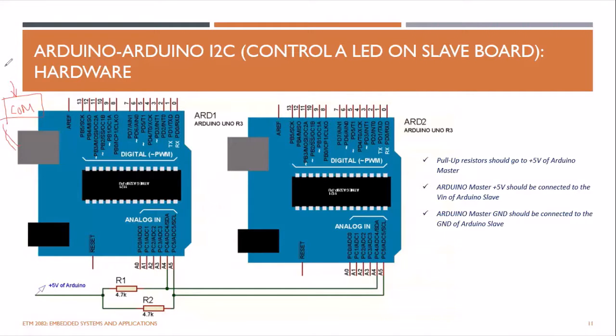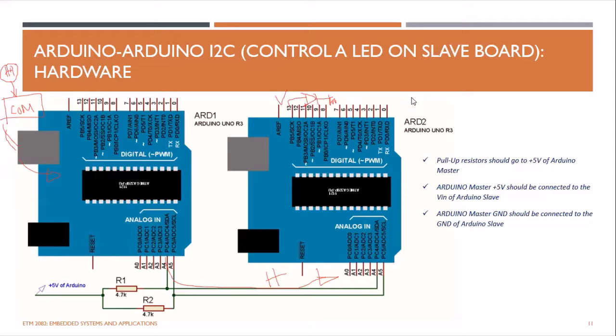If I type capital H and send it to this Arduino, it will read the letter H and transmit it through the I2C channel to this Arduino board, and pin number 13 is connected to the LED. So the LED will light up if H is sent.